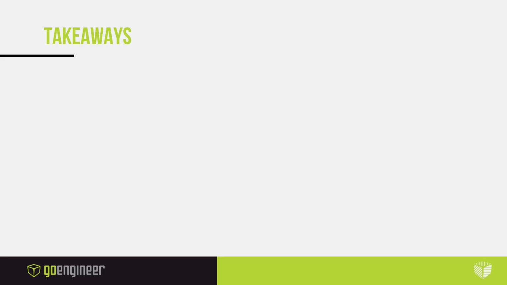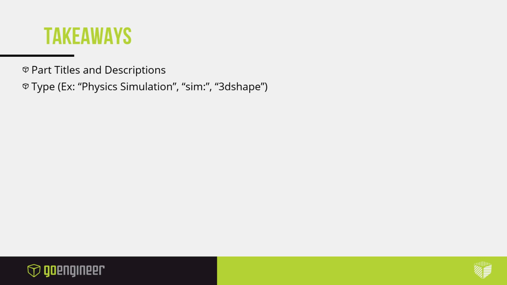Having learned all of these options for searching, what are some valid takeaways we can begin applying in our day-to-day use with the platform? First, create detailed descriptions or part names. The more detailed, the more easily found when searching. Pay attention to the type of file used in your application and use them for quick sorts.